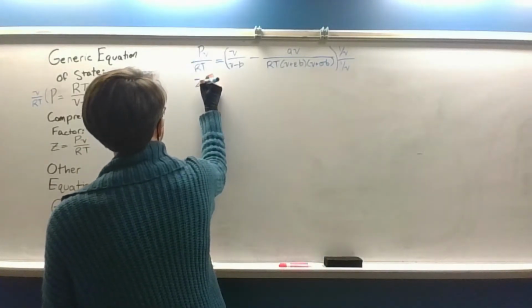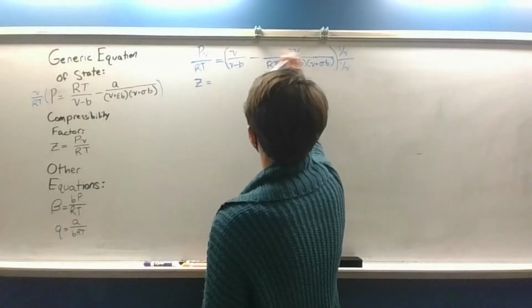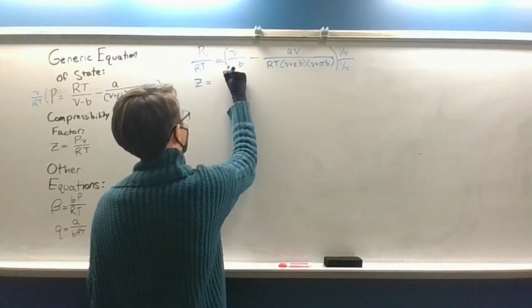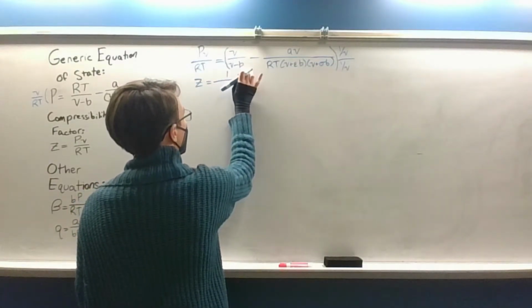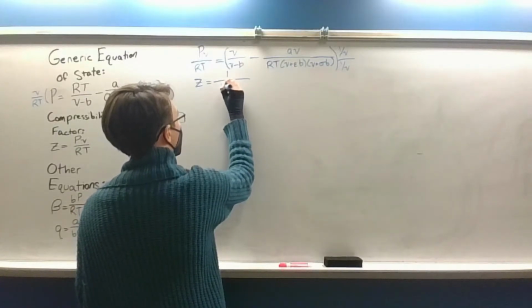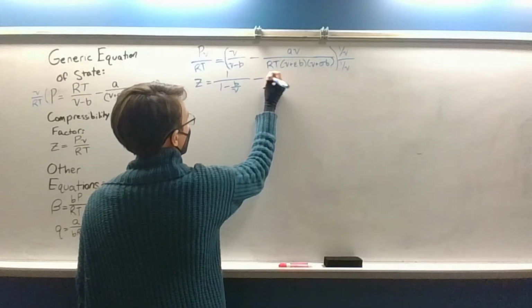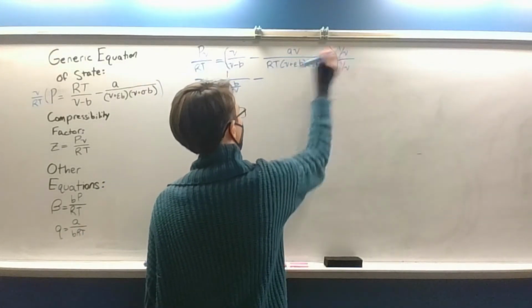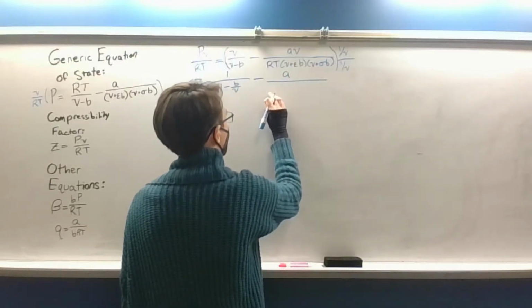So the compressibility factor is equal to, 1 over v times v, that's just 1 over. So that over v is 1 minus b over specific volume, minus, A times v over v, that's just A.